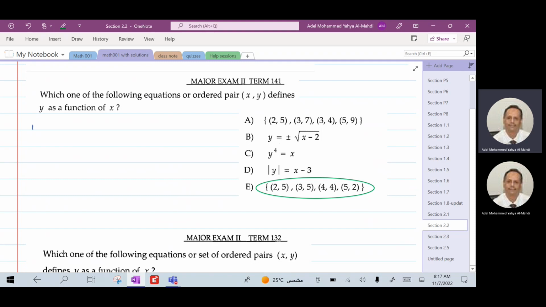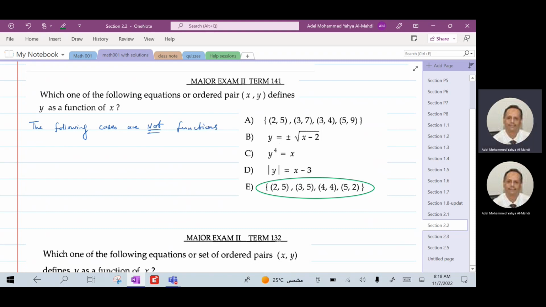So here, let me write the following cases that are not functions.